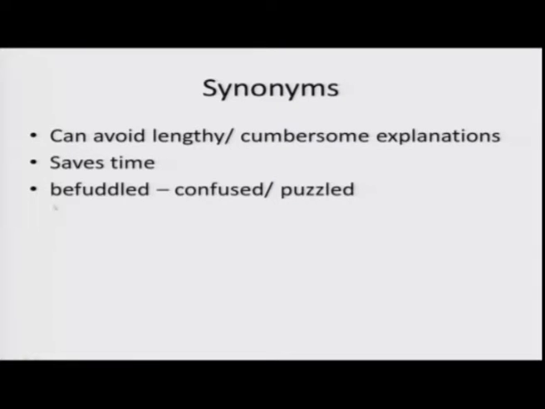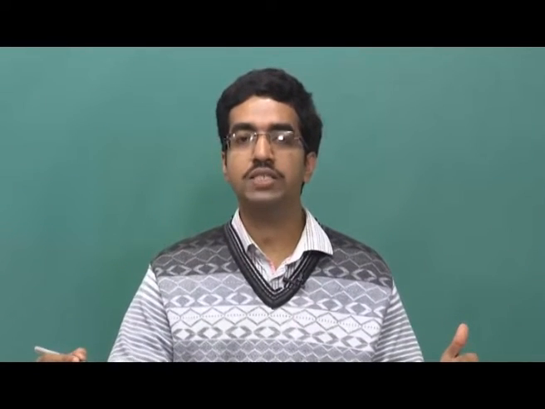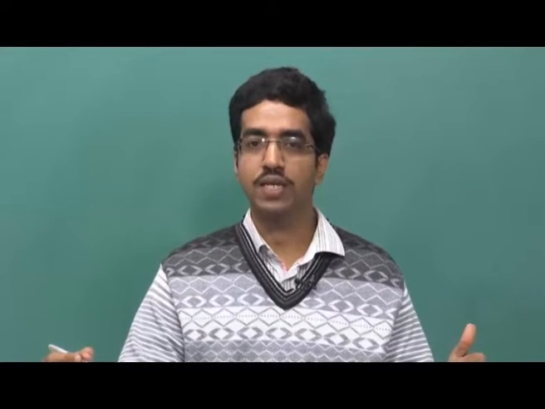You can define it using synonyms like confused, puzzled. You can also give a translational equivalent. Say you are explaining something to somebody and they do not understand the meaning of that word in English. You can give its translational equivalent in the mother tongue. So, that is one way of defining a term.